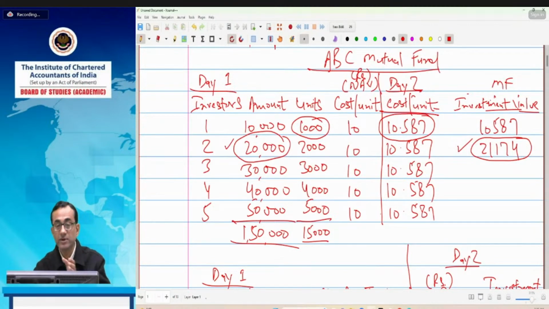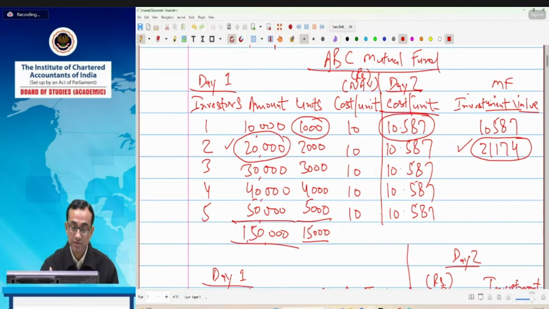So if on day two he wants to sell the mutual fund units, he can do so at the higher price. Means he is getting 1,174 rupees extra, because if we deduct 20,000 from 21,174, we get 1,174 rupees profit if he wants to sell on day two. If he wants to hold it, then it is his wish.